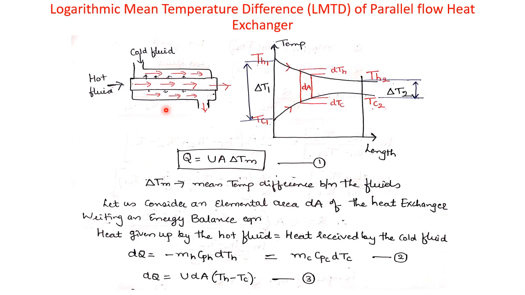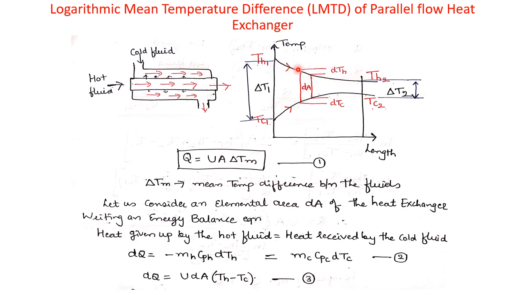Now let us consider an elemental area dA of the heat exchanger. So let us consider this as the elemental area dA of the heat exchanger. This dTH indicates the difference in temperatures of the hot fluid. The temperature of the hot fluid goes on decreasing this way.